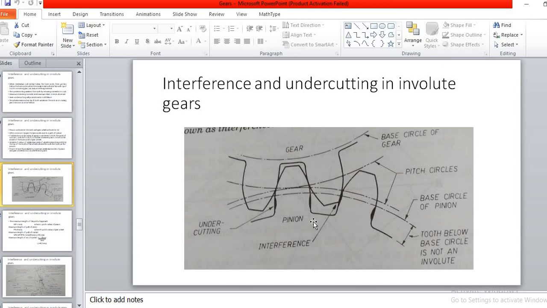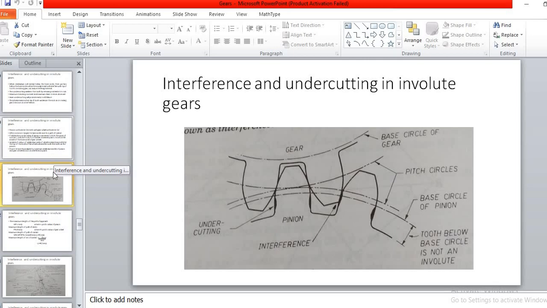So in such a case, that phenomenon, when the tip of the engaging gear tooth undercuts the engaging tooth, is called interference or undercutting of the involute gear. Such a phenomenon, when the tip of the tooth undercuts the root of that particular mating gear, is known as interference.